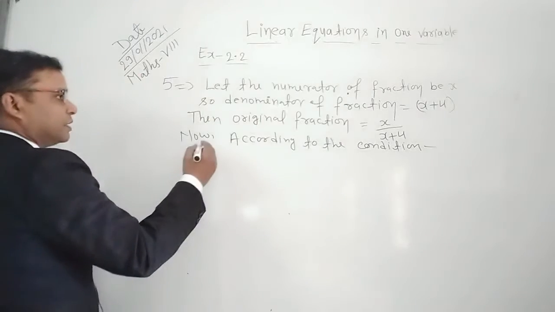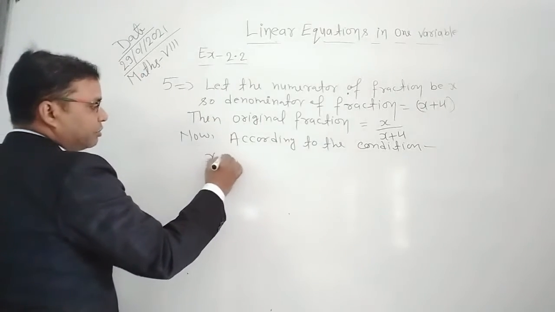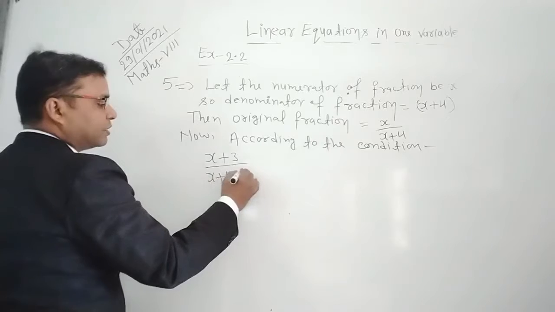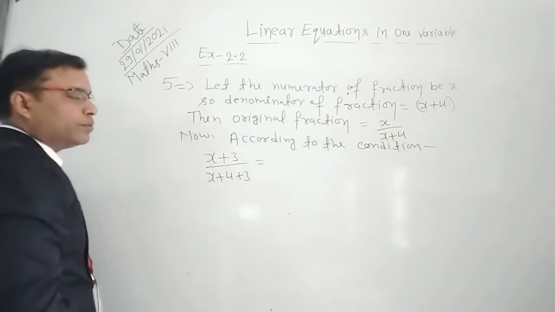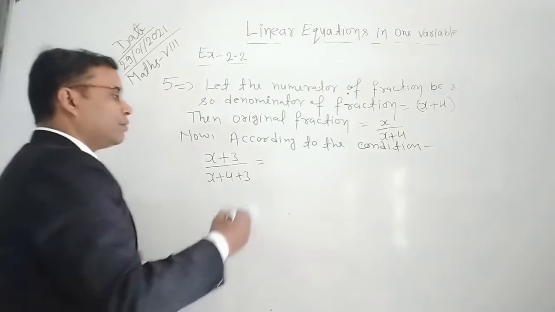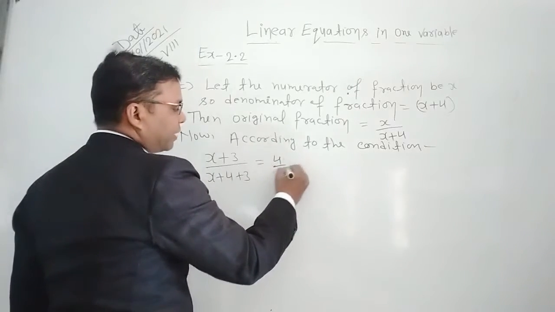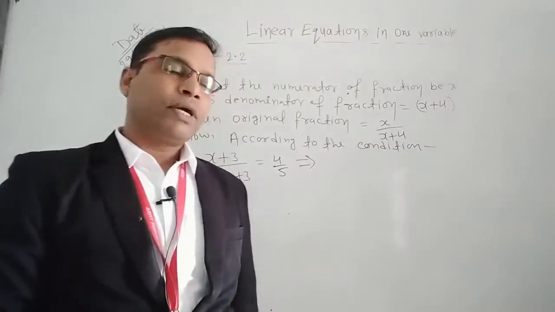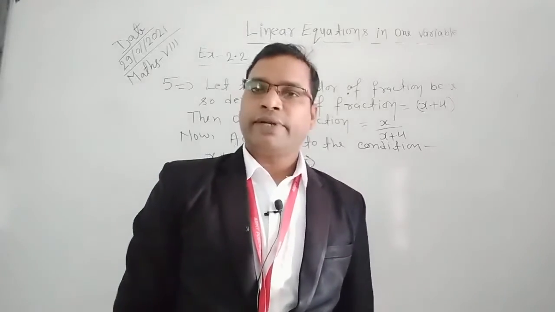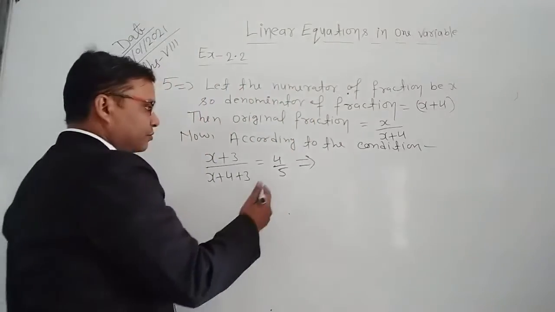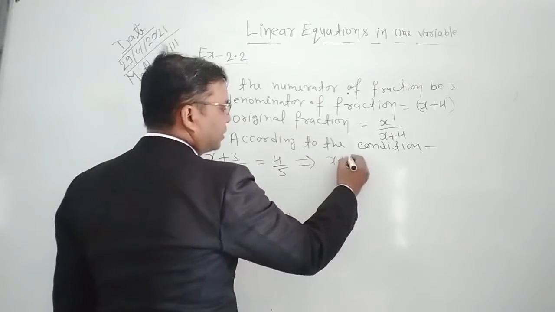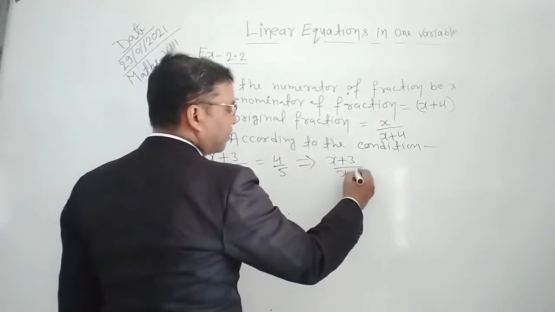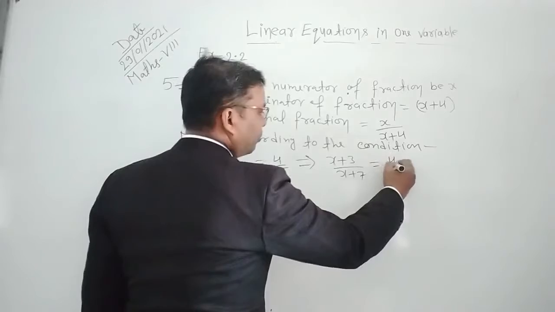If you increase the numerator by 3 and also the denominator by 3, then the new fraction becomes 4 by 5. These are our new fractions. Now, we need to find the original fraction. So here you can write x plus 3 by x plus 4 plus 3, that is x plus 7. This is equal to 4 by 5.